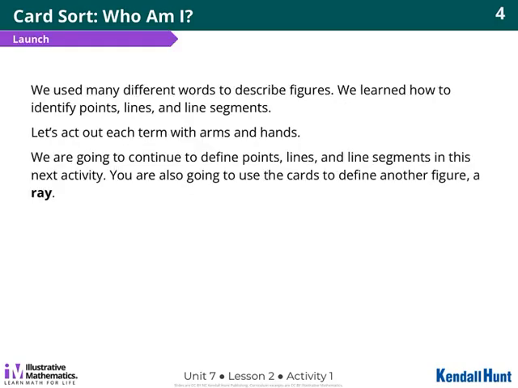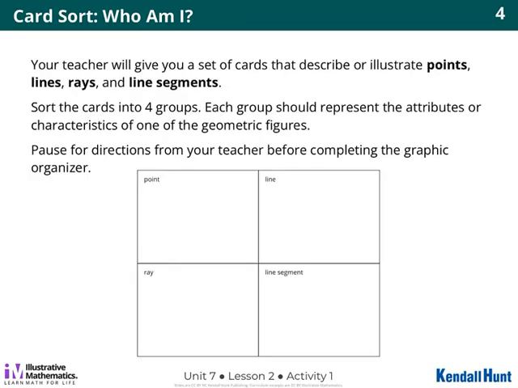Okay, all right, that was fun. So today you are going to be starting with a card sort. Okay, listen. You are going to work with your math partners. Each group gets one paper.